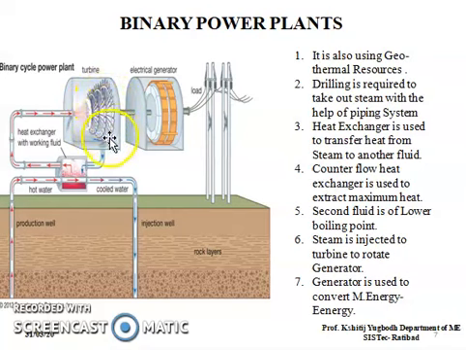By doing so, the turbine starts rotating and the turbine is attached to the electric generator. The generator is used to convert the mechanical energy into electrical energy, and by this process, we can convert the heat energy from this steam into electrical energy.